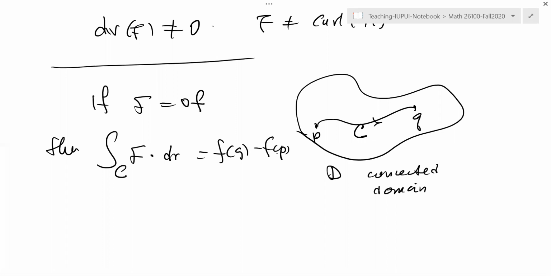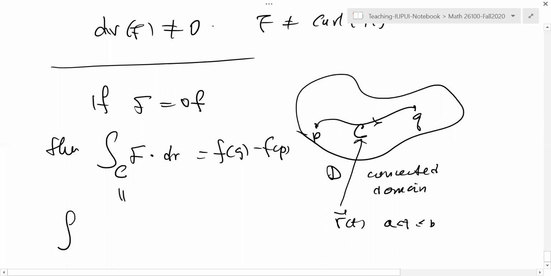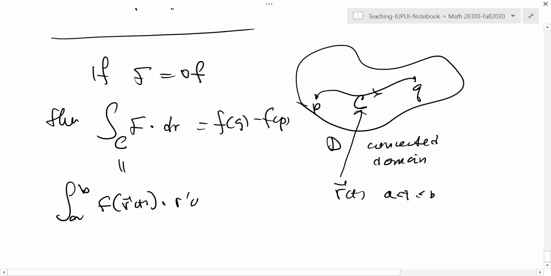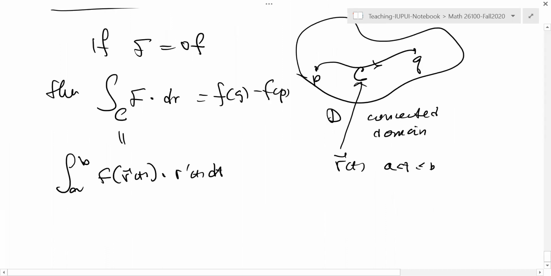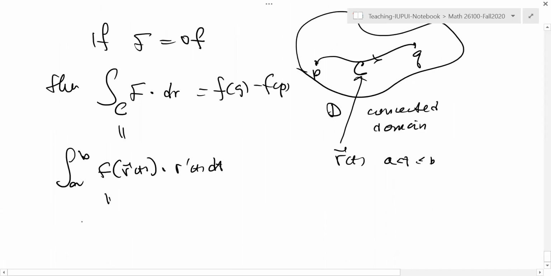The reason is you can parameterize, t greater than a and less than b. So this is going to be the integral from a to b of F(r(t)) dot r prime(t) dt. But this capital F is the gradient of little f.